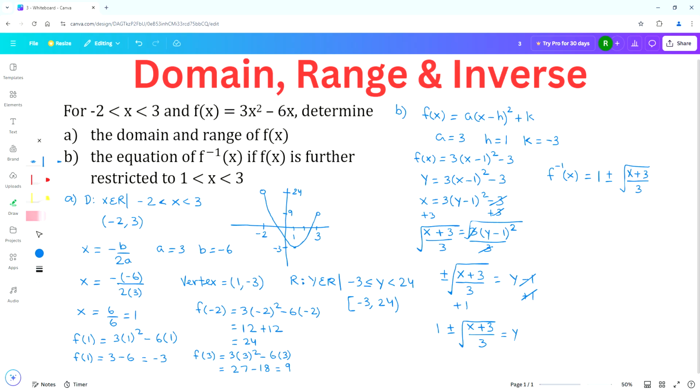The domain from 1 to 3 on f(x) is this part of the graph. We know that the domain for a function is the range for the inverse of the function, and the range of a function is the domain for the inverse of the function. So the range for the inverse should be from 1 to 3.